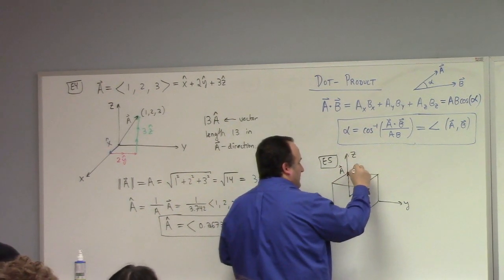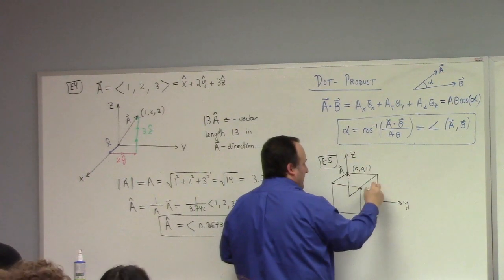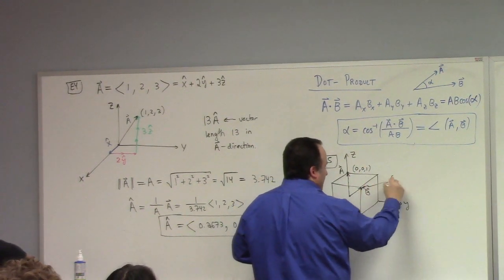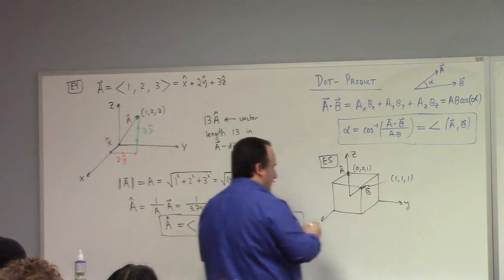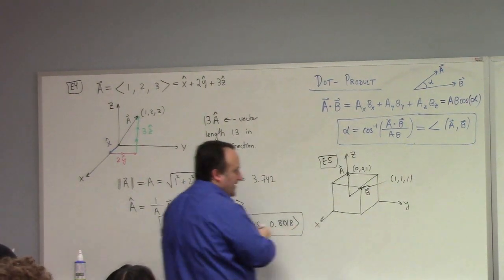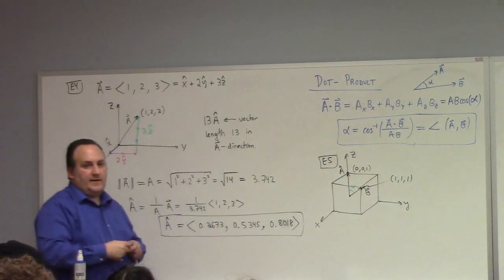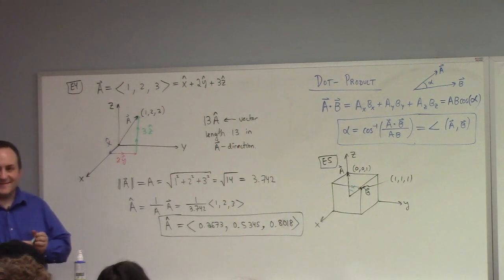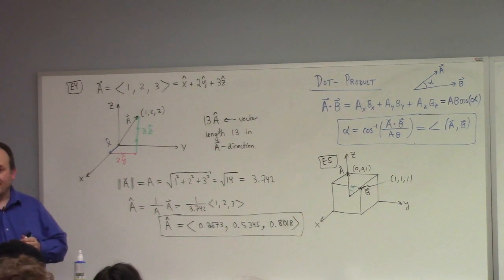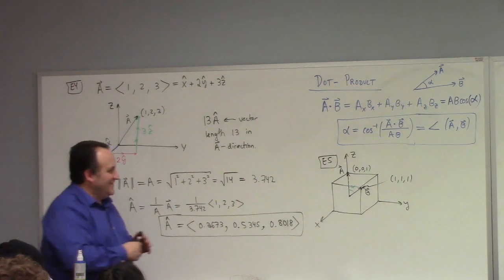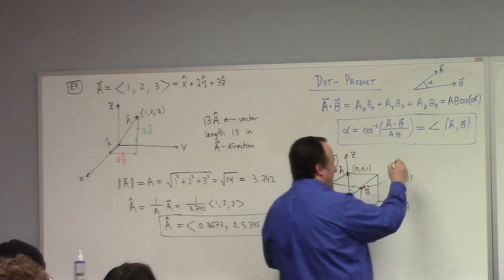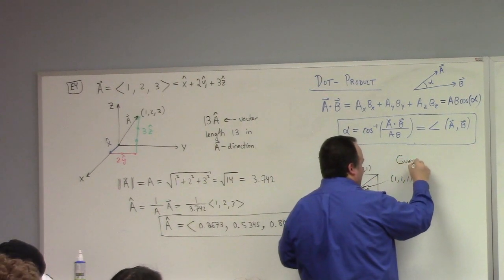So this point will be (0, 0, 1), and the point which B points to is going to be (1, 1, 1). Then my question is, what's this angle right here? Anybody care to guess? Yeah. 45 degrees? You're the man. Thank you. I appreciate that. So we have a guess of 45 degrees.